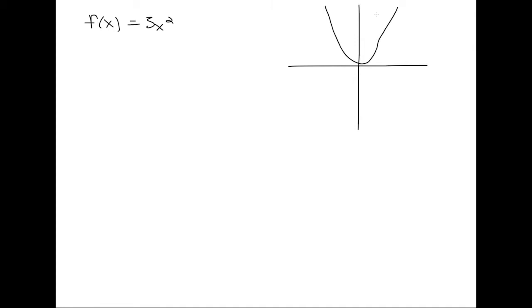Okay, so let's say we have the function 3x squared. And so it's right here. Okay, and we wanted to make it 2 times as fat. How would we get the equation for a function that was 2 times as fat as this right here?